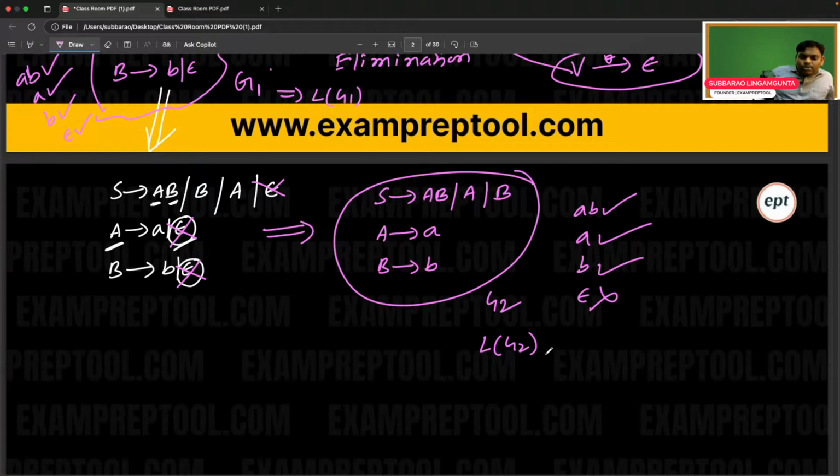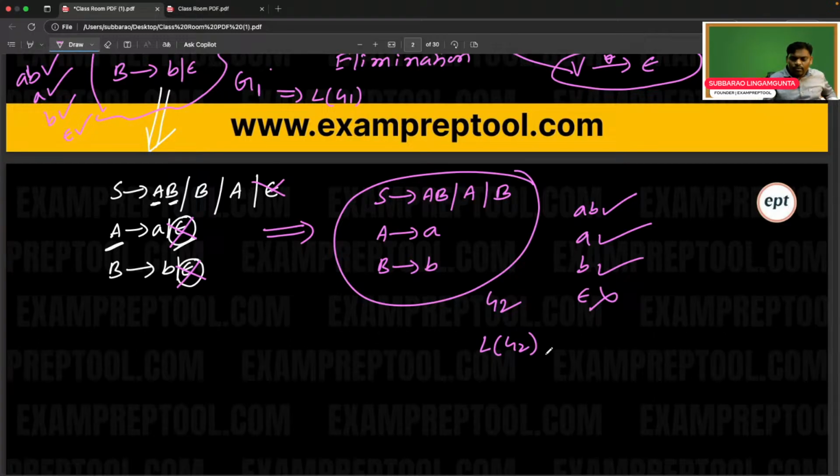G1 may have epsilon, G2 cannot have. There may be a chance that both G1 and G2 don't have epsilon, that is okay. But there may be a chance that G1 has epsilon and G2 does not, because after elimination of null production, you don't get epsilon.